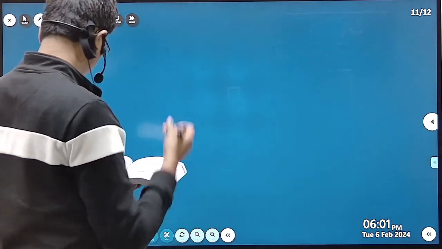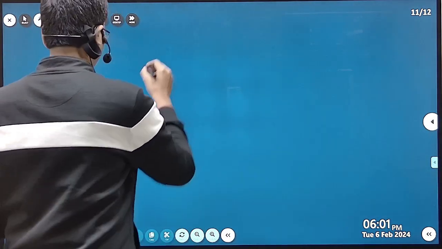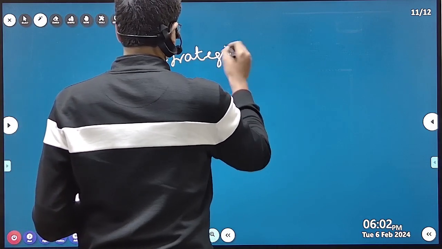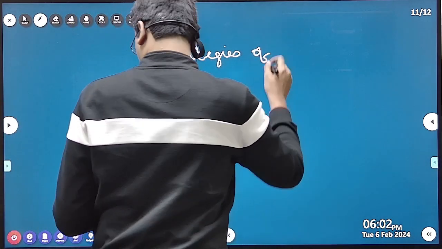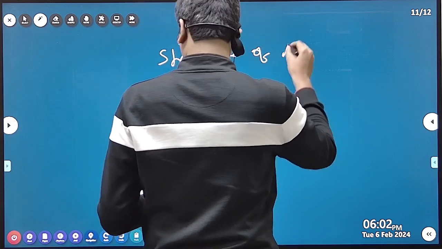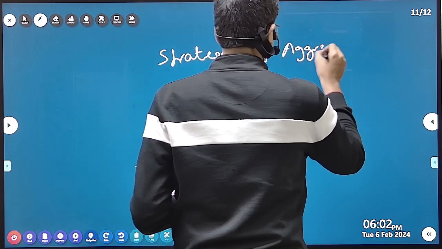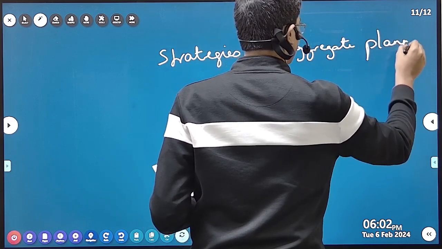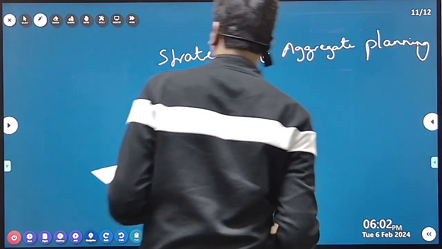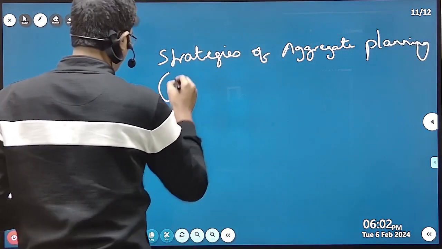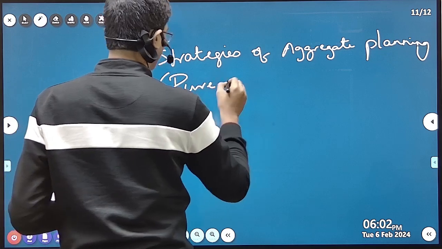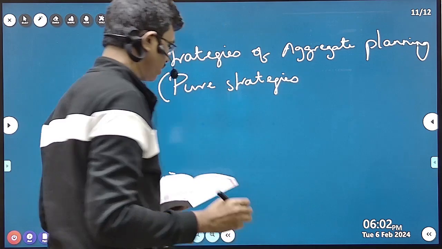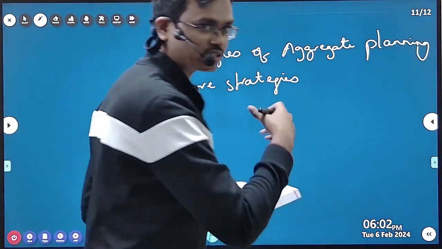Okay, so let us look at the strategies of aggregate planning. These are also called pure strategies. So in the problems, when he says solve using pure strategies, it is the same, right?